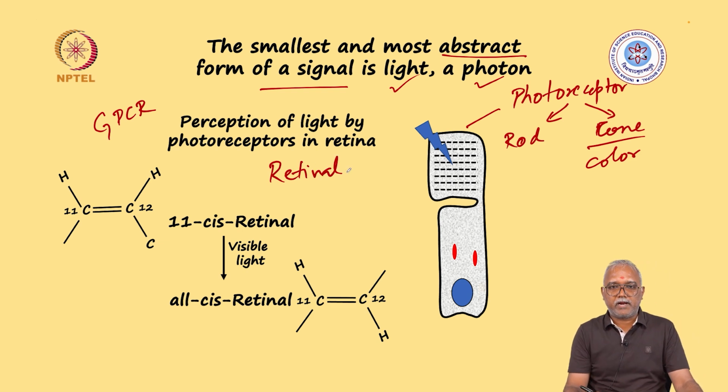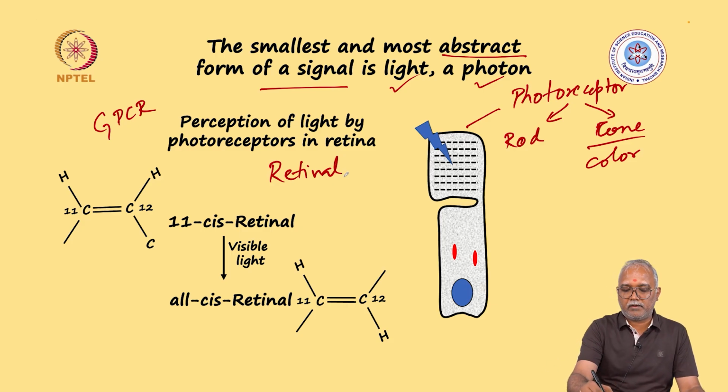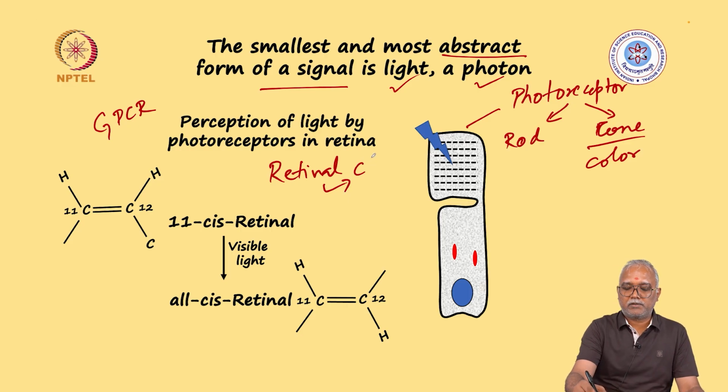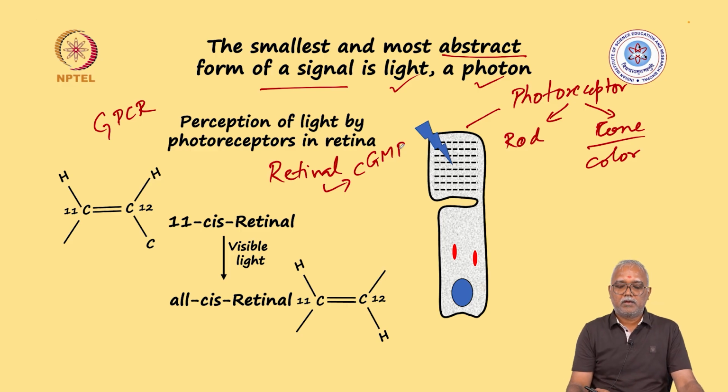So, in the normal state of these cells, when there is no bright light, retinal is bound to the GPCR, which is also in turn seeing the production of a cyclic GMP-like molecule.